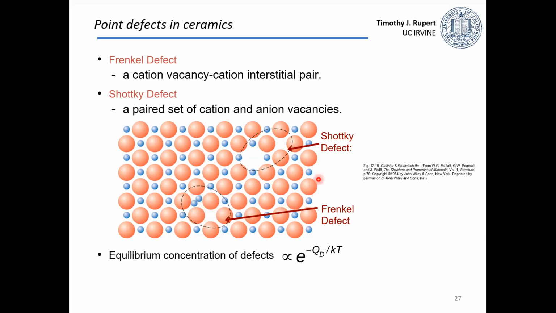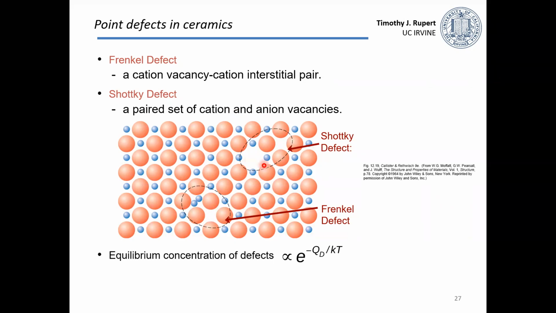We can have a different type of pair, something called a Schottky defect. And this is where if we have a vacancy of a cation, we also have a vacancy of an anion, okay? So for every negatively charged one we remove, we take a positively charged ion, and again, the charge is balanced out.